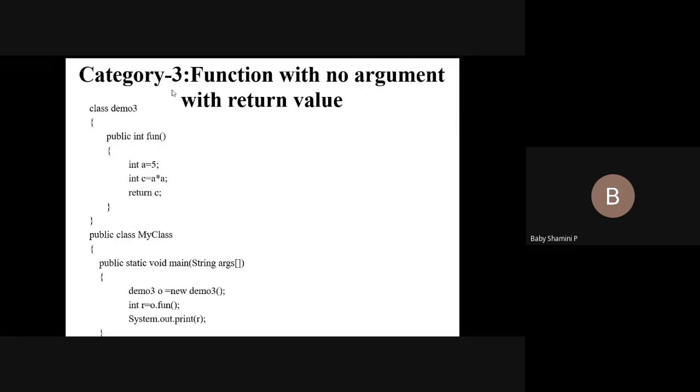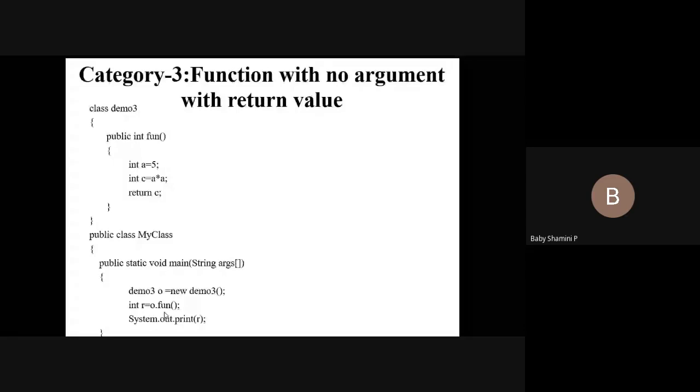So after completing the task, it must return a value to the main function. For that, here I'm going to create an object Demo3 o equal to new Demo3. Using this object o, I can access the class Demo3. Next, int r equal to o.funnow.